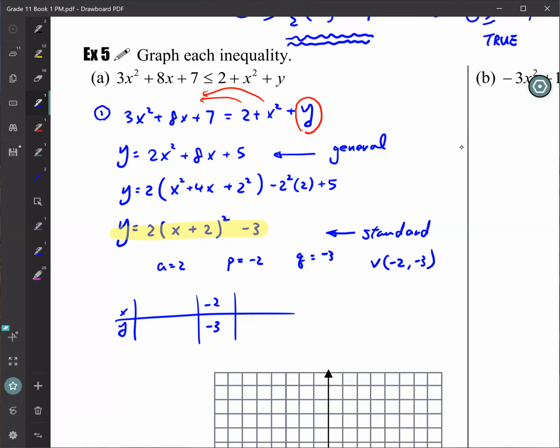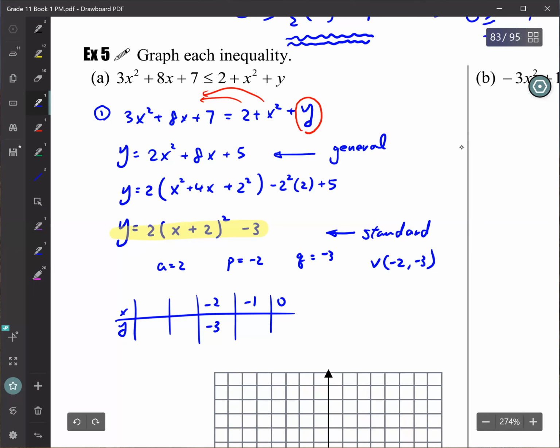So what x values should we choose? Jiawen? Two? Two is too far away. Just around it, beside negative 2. Negative 1. Yeah. What else? 0.